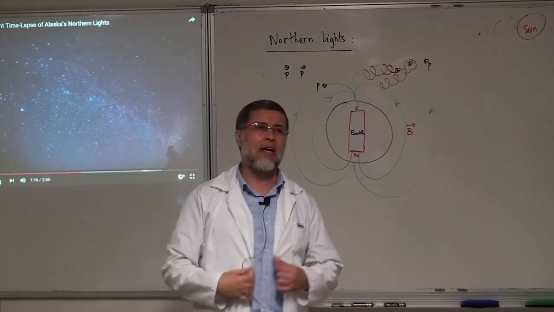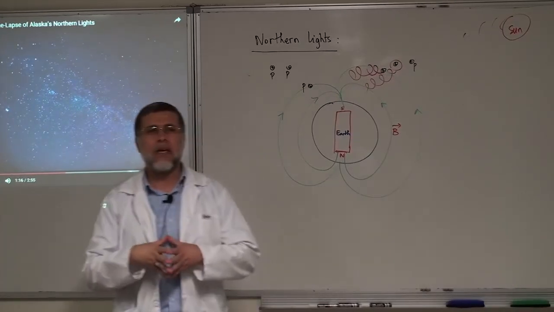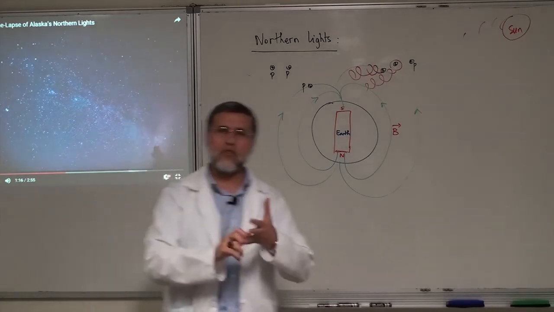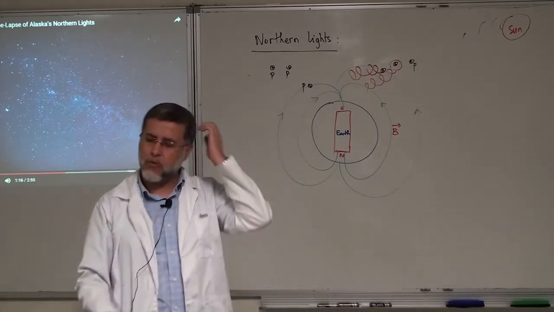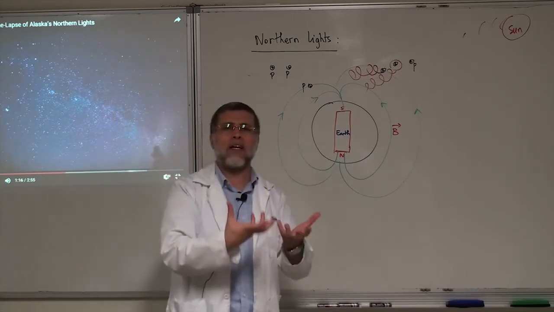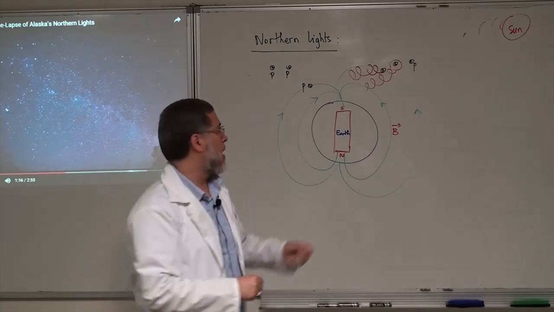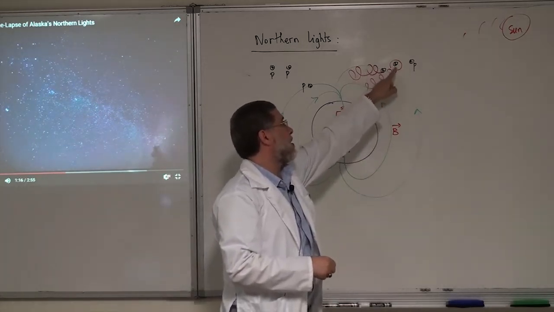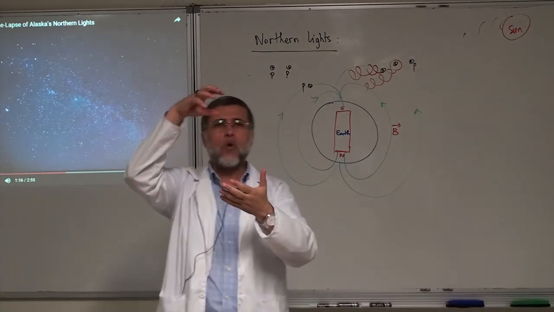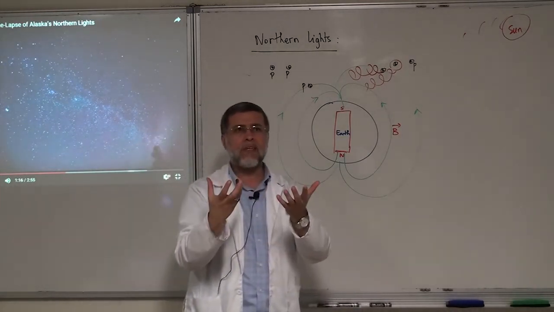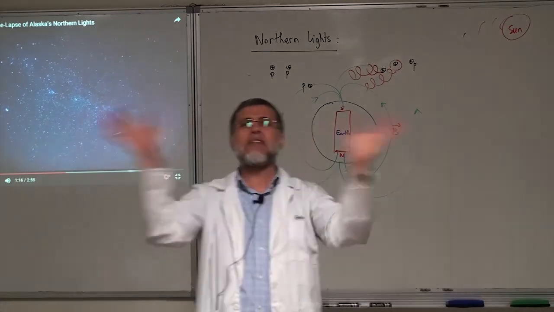When they spiral, they will ionize the air molecules. The air is made of oxygen, nitrogen, and hydrogen, very little hydrogen, but most of it is oxygen and nitrogen. So when the protons ionize the atoms of the air, the atoms go back to their stable configuration and emit these lights.